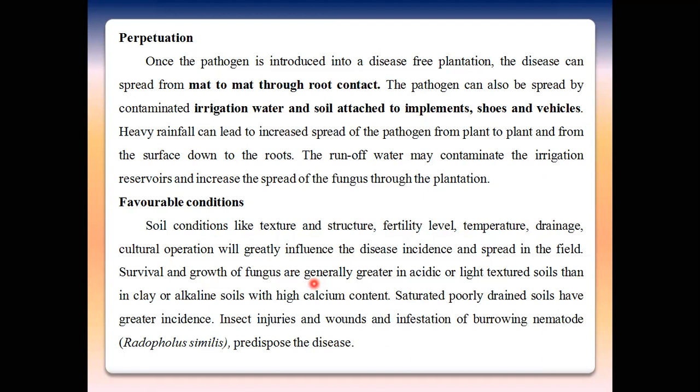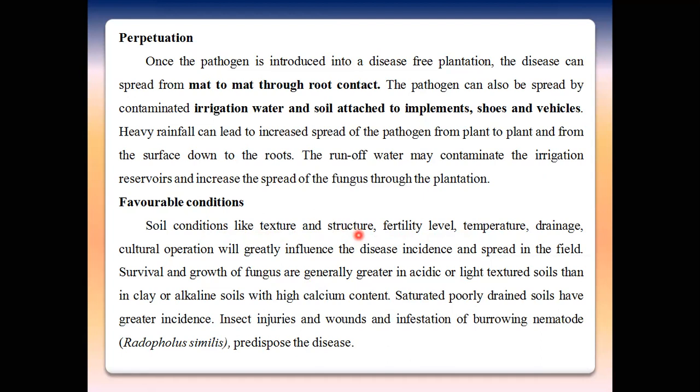Then soil conditions like texture and structure not being proper, or waterlogged conditions, also initiate the disease.